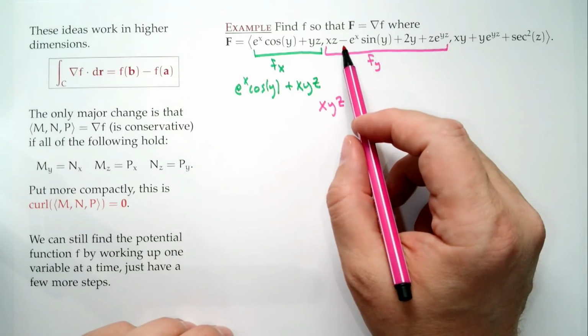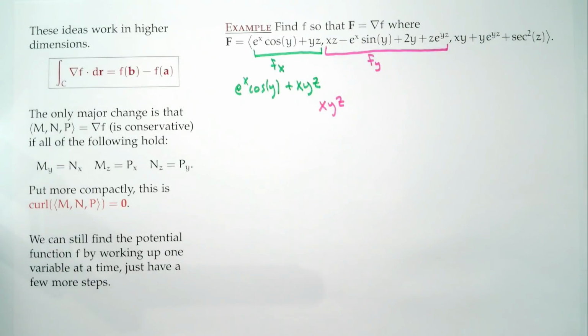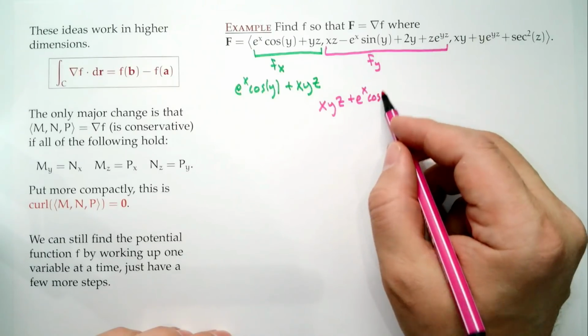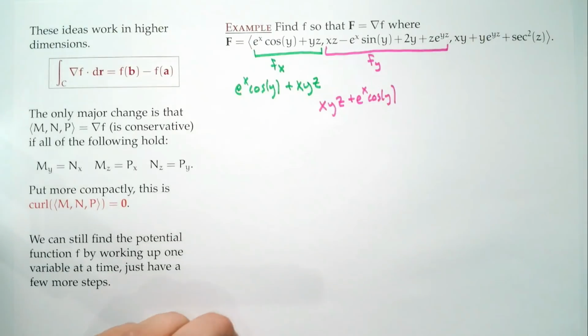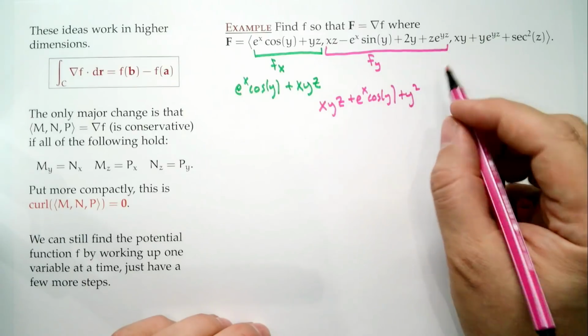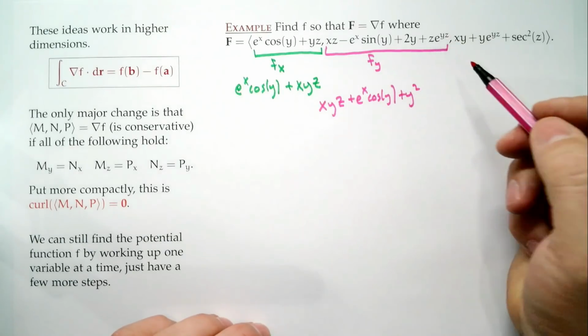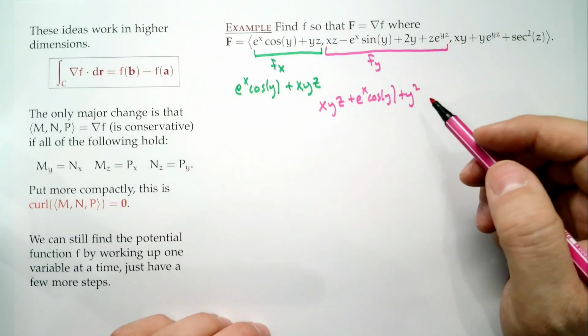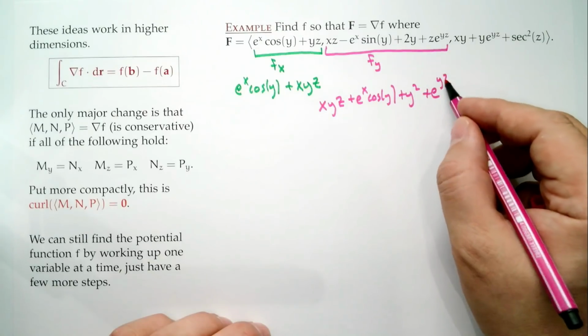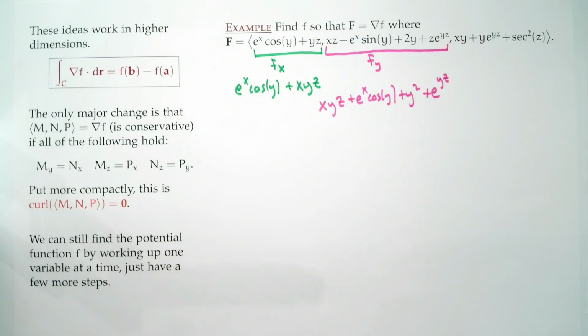Antiderivative of minus e to the x sine y with respect to y, plus e to the x cosine y. Antiderivative of 2y with respect to y, y squared. Antiderivative of z e to the yz with respect to y, e to the yz. So our function better have all those pieces in it as well.